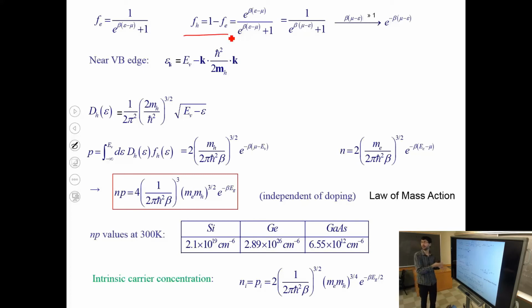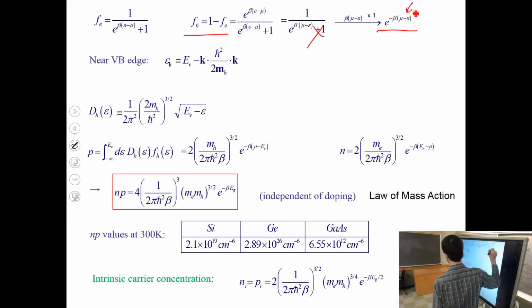So holes are missing electrons. And so it's a function like this, but works out to be this kind of term after the same approximation where we neglect the +1. So the difference here is that we are taking mu and subtracting E from it, whereas for electrons, we took epsilon minus mu.